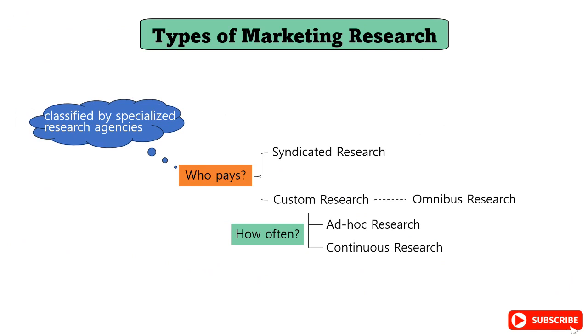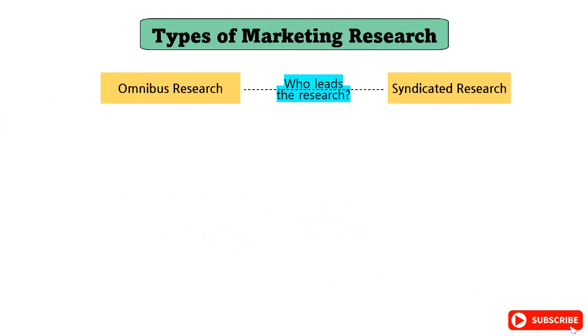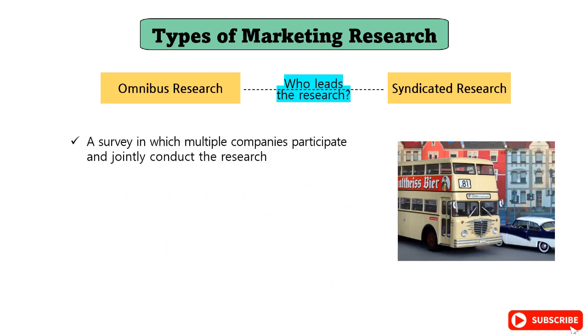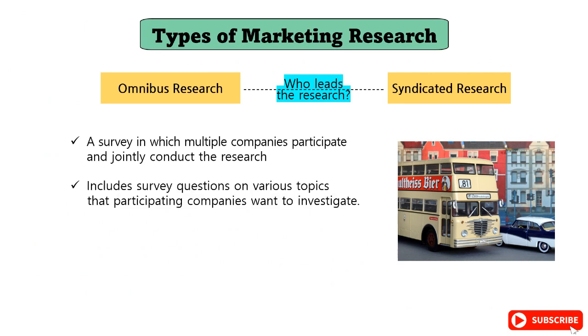Finally, I will explain the omnibus research and the syndicated research. The method of research is divided into omnibus research and syndicated research, depending on whose initiative the research is conducted. Omnibus research refers to a survey in which multiple companies participate and jointly conduct the research. A research agency includes survey questions on various topics that participating companies want to investigate.